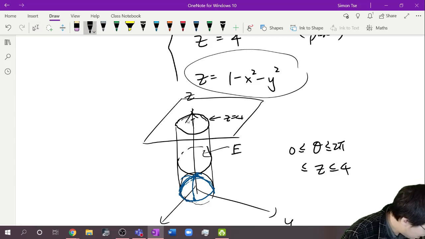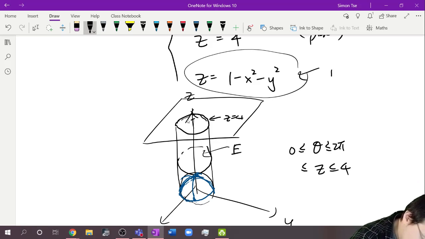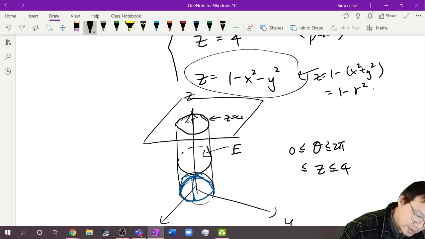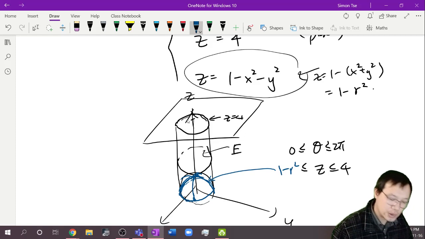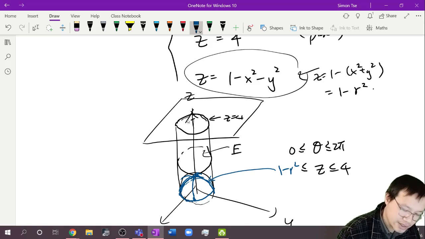The top plane is 4, but the bottom plane here, if you plug in the radial distance, it should be 1 minus r squared. Okay, and here there's this 1 minus r squared for this part. Let me use blue. This 1 minus r squared is for this guy. So the lower surface is 1 minus r squared instead of 0.